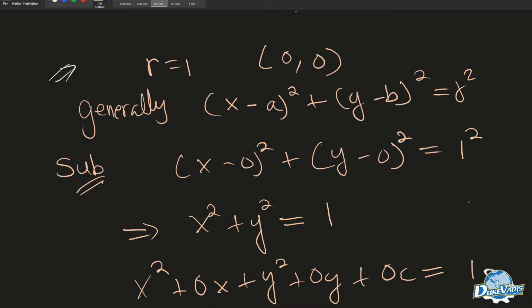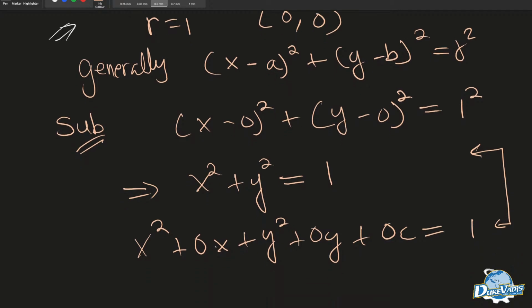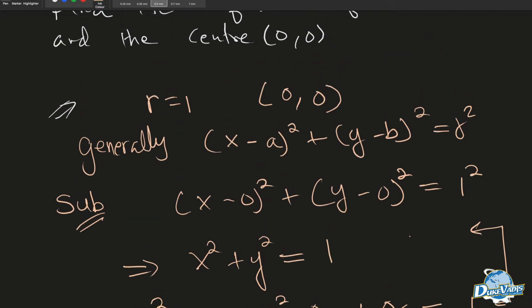These two equations are the same, because 0 multiplying x is 0, 0 multiplying y is 0, and 0 multiplying the constant c is 0. That's the reason why this same equation can be written like that. As you can see, this is a way we can get the factors when we are solving equations of the sort.